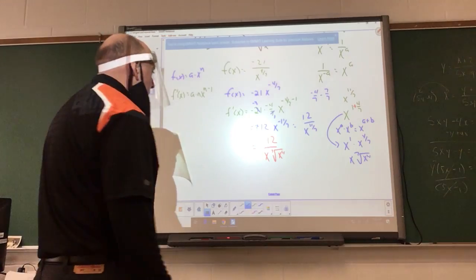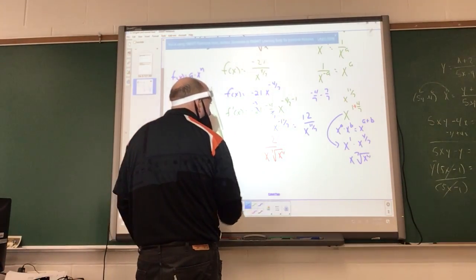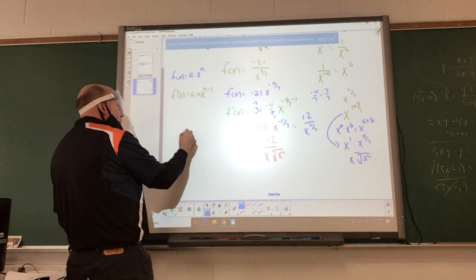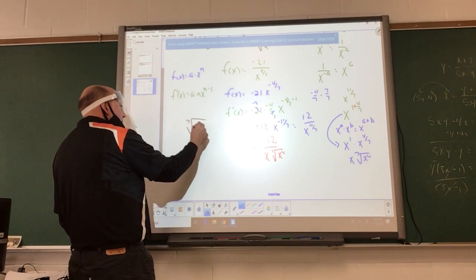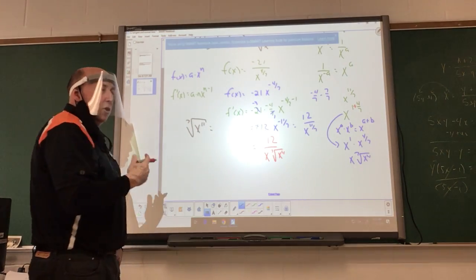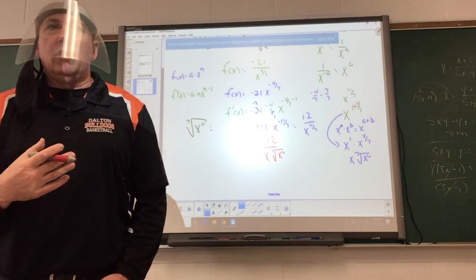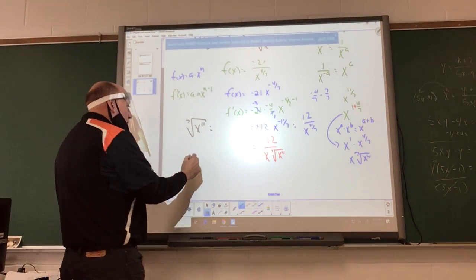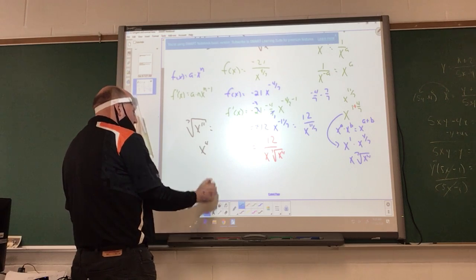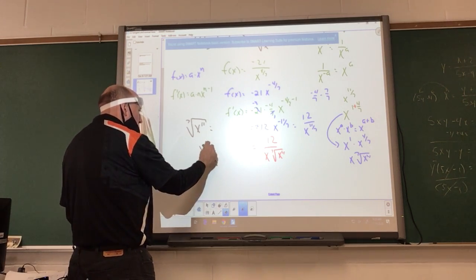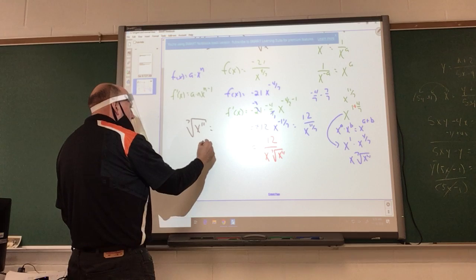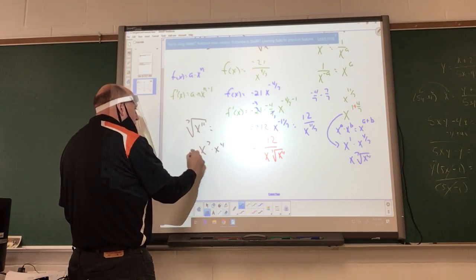Now, if you want to take 11 sevenths and say this is the 7th root of x to the 11th, and you know how to break that down, if that's a little bit easier for you, that would be fine. This would be x to the 7th times x to the 4th.